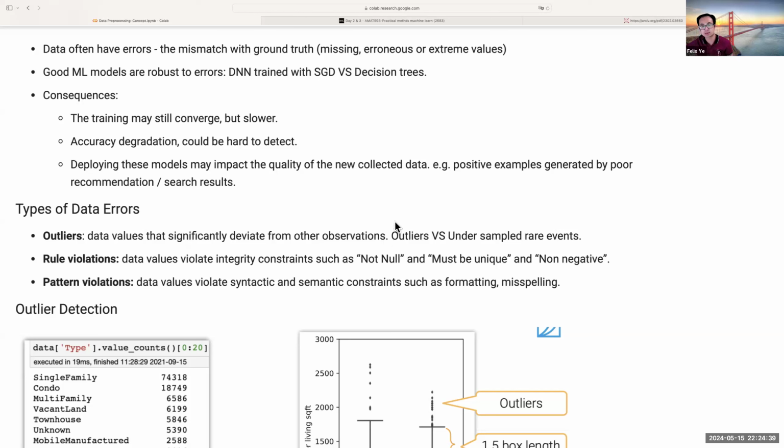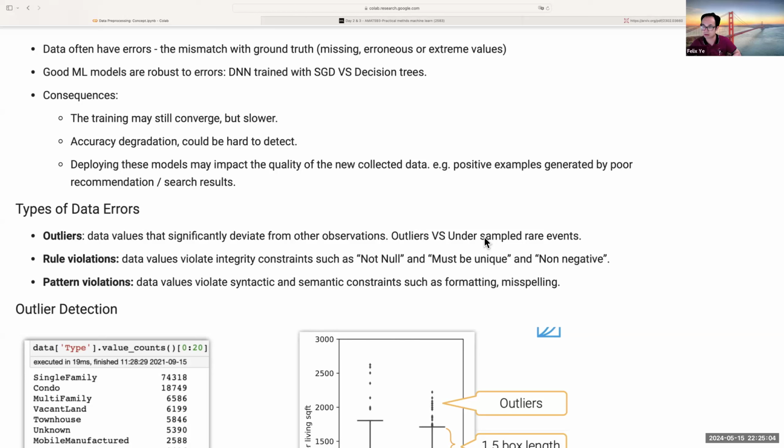We are talking about outliers versus undersampled rare events, which are quite different, because sometimes we are interested in those rare events. That means we need to consider those outliers. But sometimes we are not interested in those outliers; we are interested in the main body.